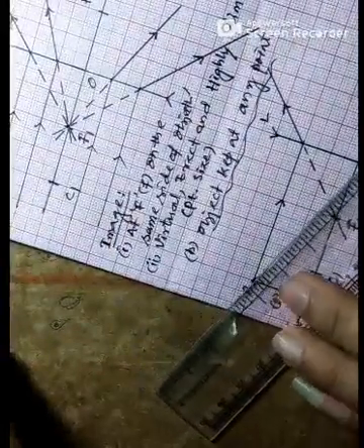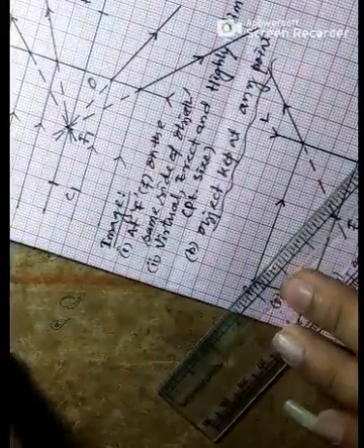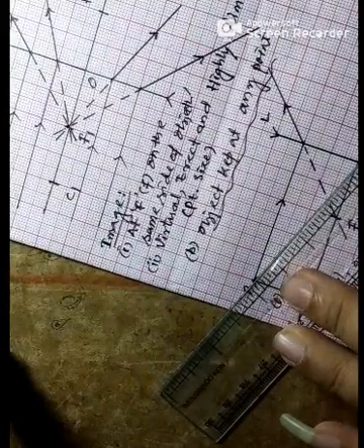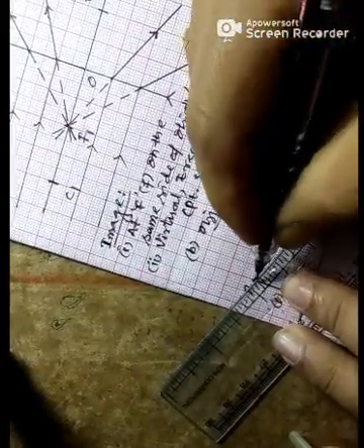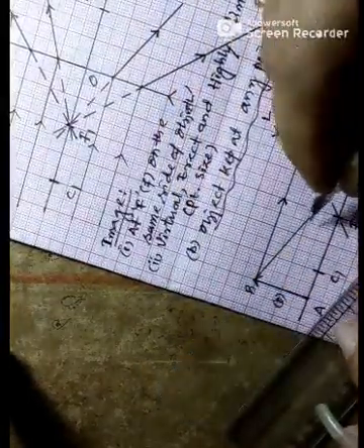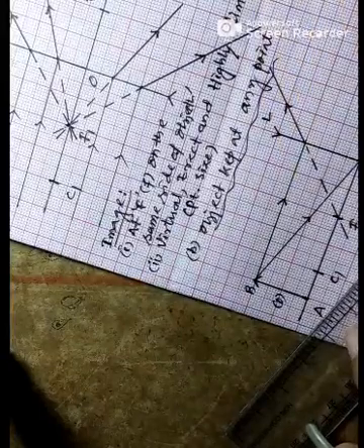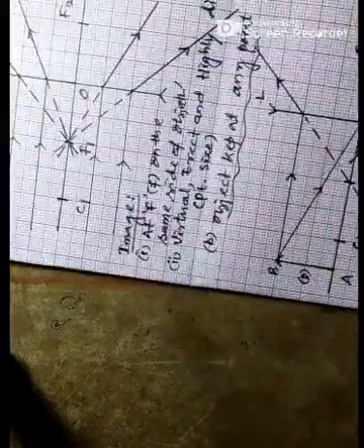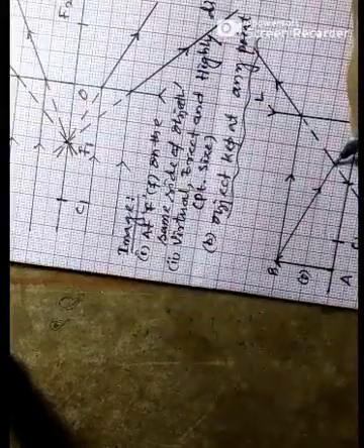Okay, second one, to the optic center. Now every ray, whatever it may be, remains undeviated when it passes through the optic center. It is a real ray. Now where the two rays are intersecting, this is the intersection point.